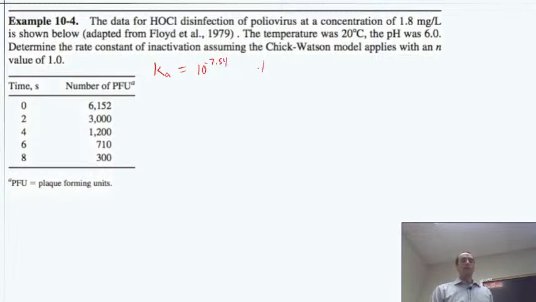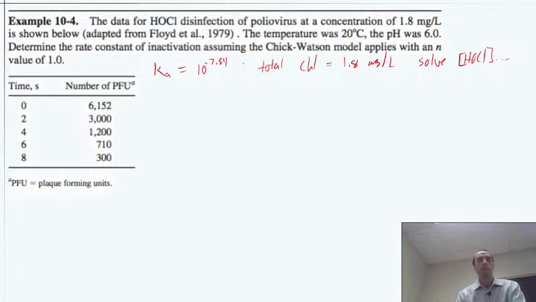And we could say the total chlorine is 1.8 milligrams per liter, and then solve for how much is in the HOCl.